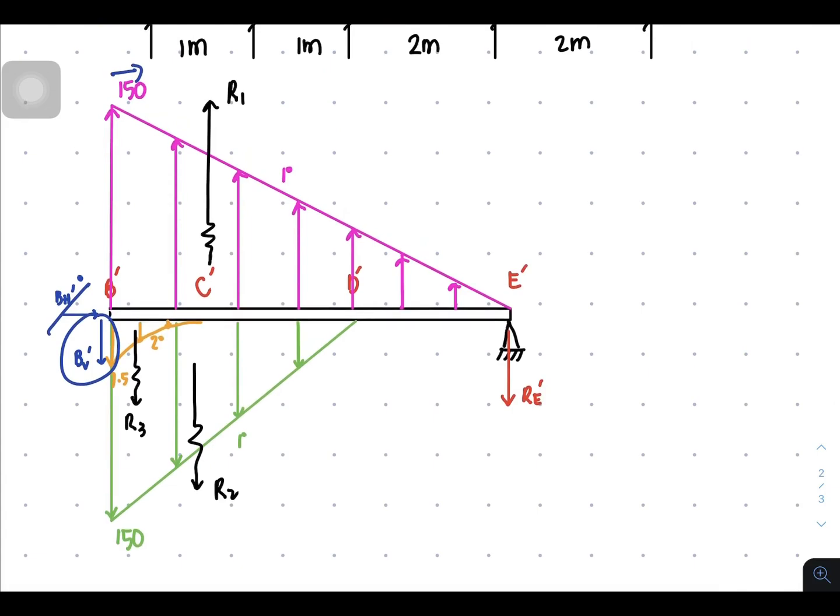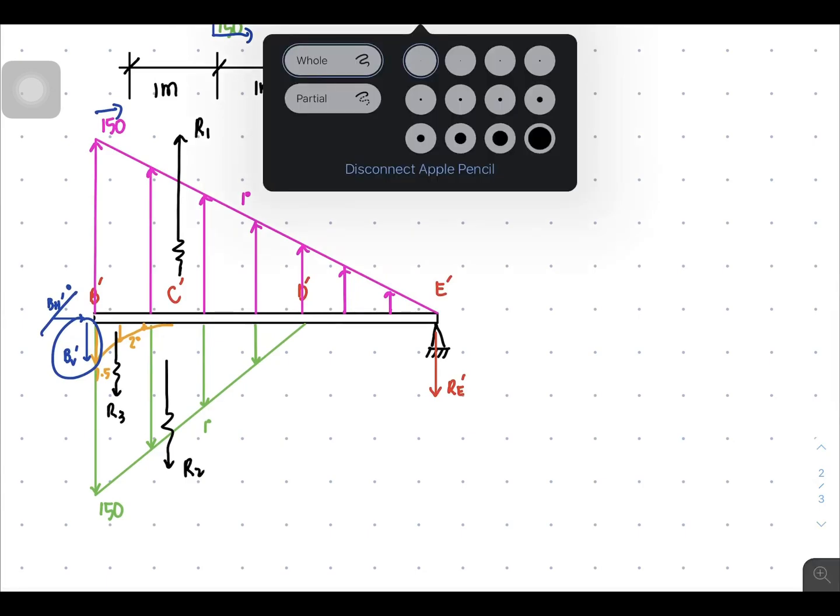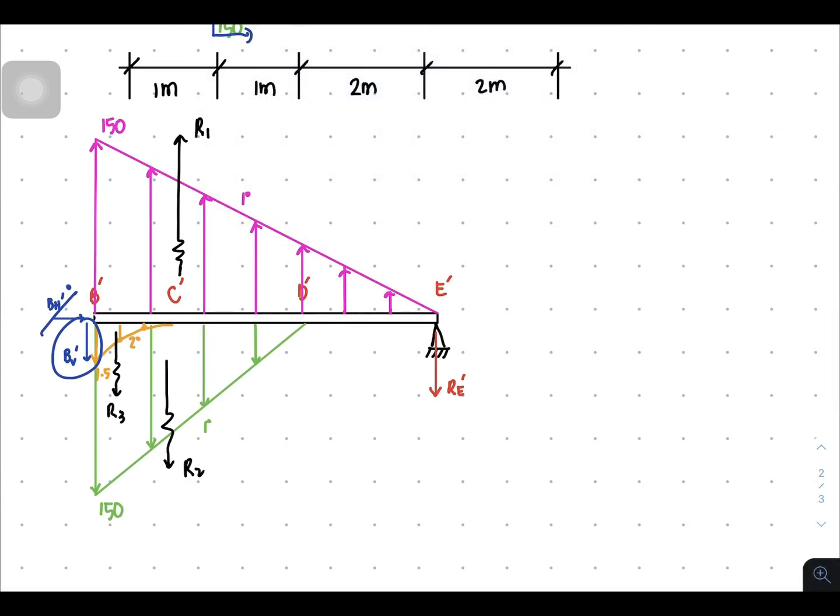Okay, so from here, we can now solve the value of our reactions, diba? By having summation of moment about point E, no? Mag-summation moment ta about point E prime para ma-solve ang BV prime, diba? And also, solve sa nato si BV prime and RE prime, diba?